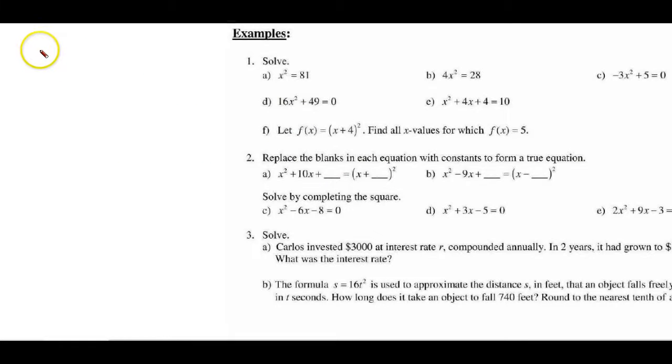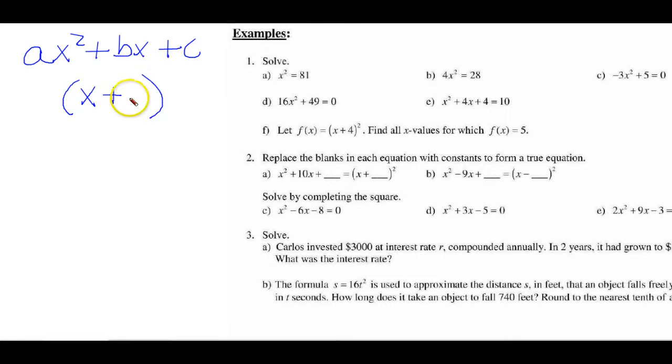So let's set it up. Now we have ax squared plus bx plus c as the standard form of the quadratic expression. Now, if this is a perfect square trinomial, that will factor into x plus a term here that is going to be squared.